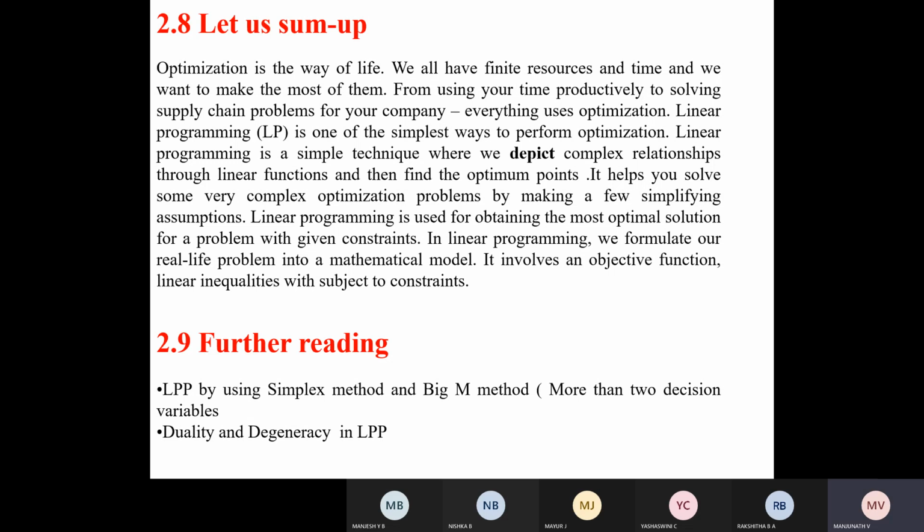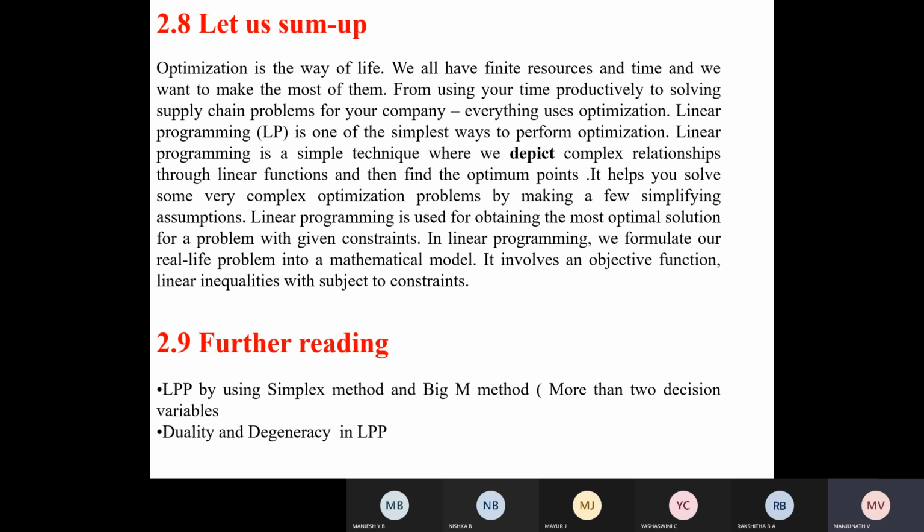Yeah, Yashaswini, there's a lot of disturbance. Okay, sorry, I cannot help it. I'll type it in the chat box. Okay, do it, Yashaswini. Nishka says LPP helps in achieving the best possible outcome using a mathematical model, maybe maximizing the profit or minimizing the loss. And Mayur says LPP can be used in various aspects of life in terms of using resources in the best and effective way using mathematical models.